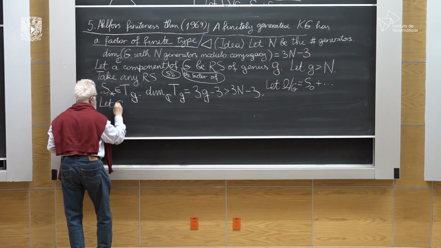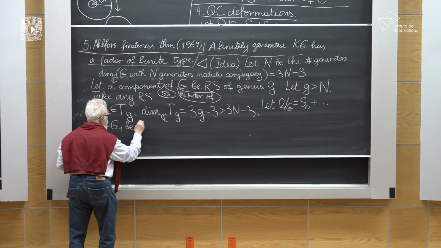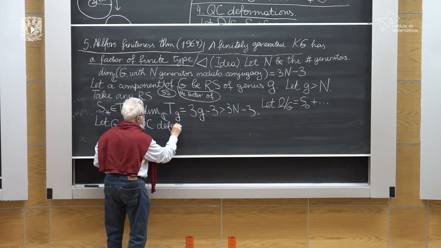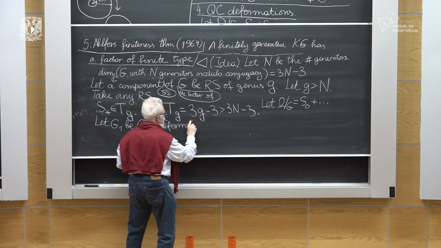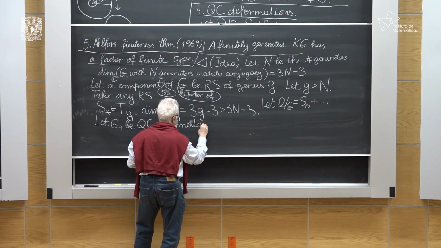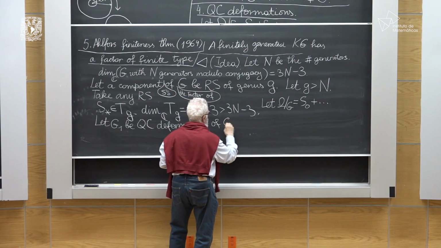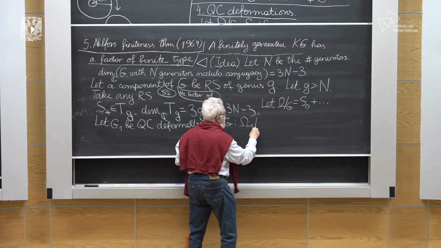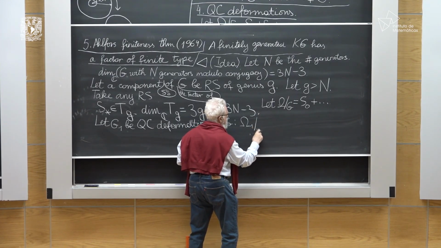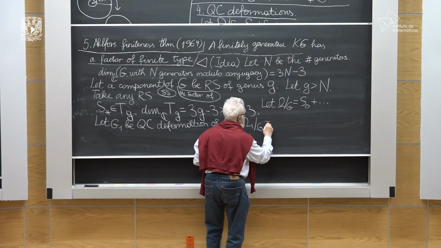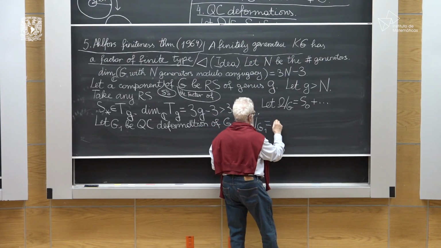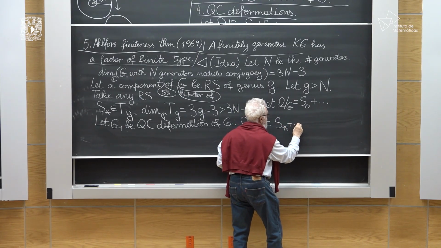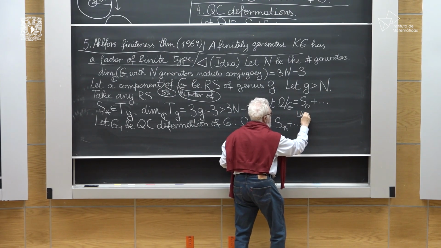Let G1 be a quasi-conformal deformation of G as explained in the previous section, with the factor omega 1 over G1 equal to S star plus the same.